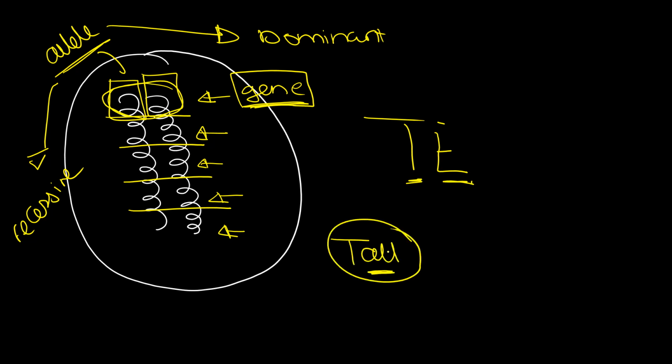Why did you become tall? Because you had one dominant allele. This dominant allele made you tall, and it completely covered or masked the recessive allele. The recessive allele was as if it was not there. The dominant allele is the one that is expressed in the phenotype of the organism.